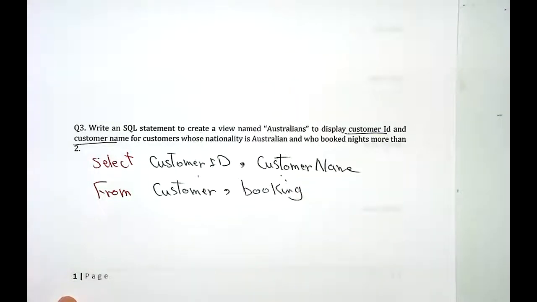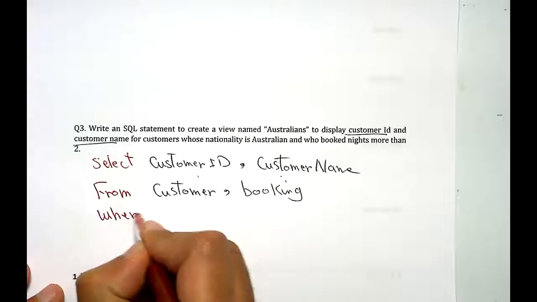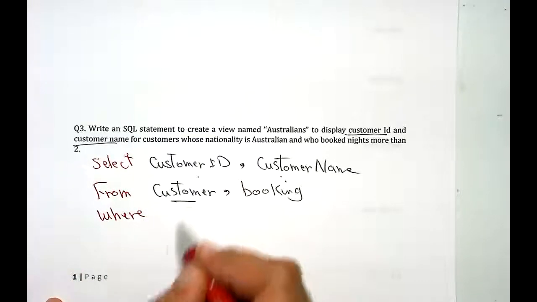And as long as we have 2 tables, what is the first statement in where? So where, and the first table dot pk.